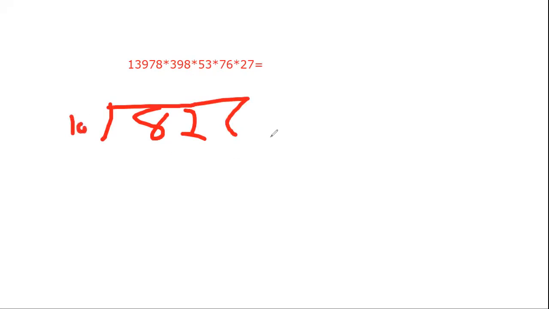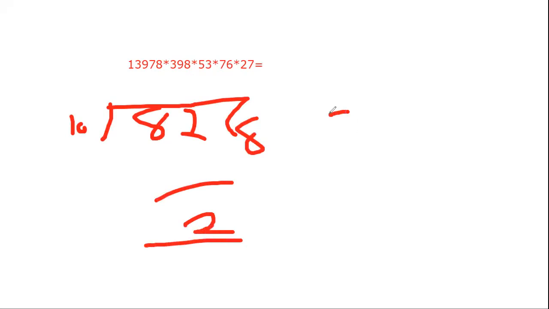Don't get confused: if you divide a number by 10, whatever remainder you get is the unit digit. For example, the number 82 has last digit 2. When you divide 82 by 10, 10 8s are 80 and the remainder is 2, which is nothing but your unit digit.